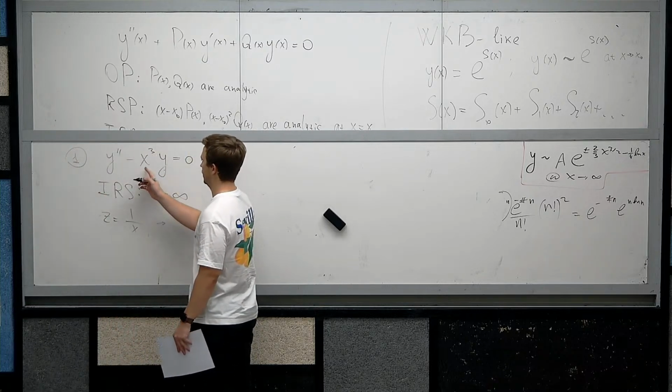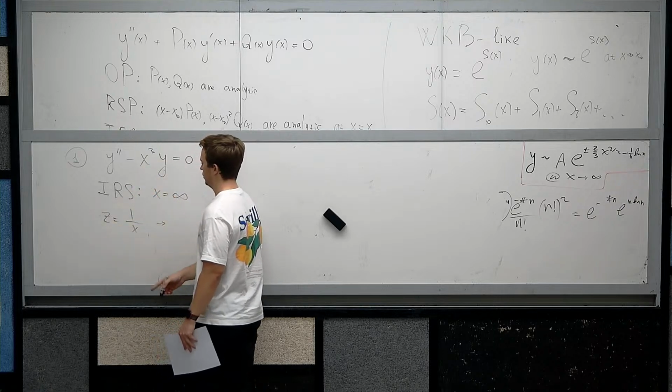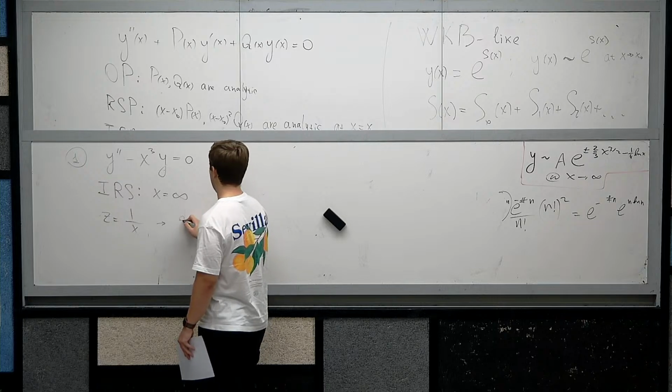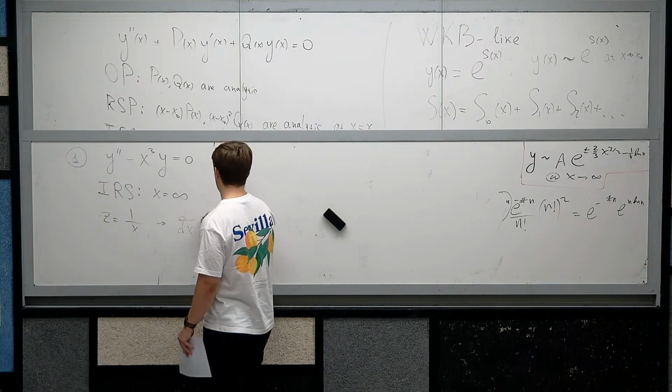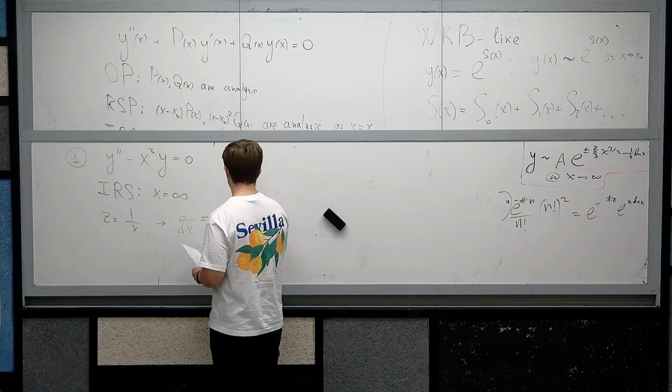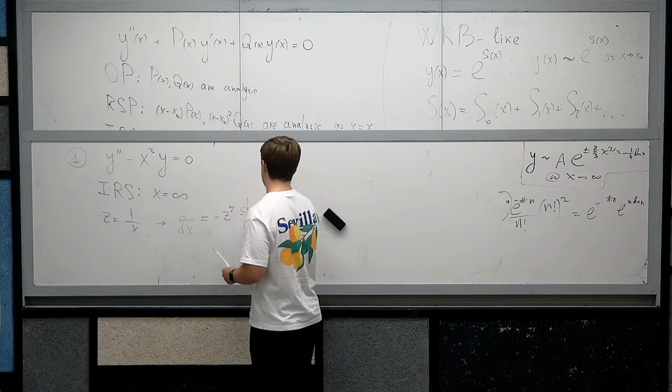Then we need to rewrite this equation in terms of z. So d over dx will look like minus z squared d over dz.